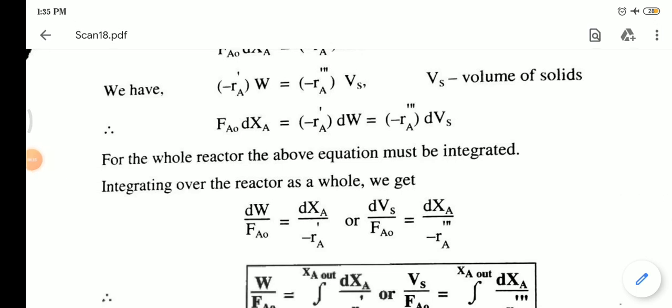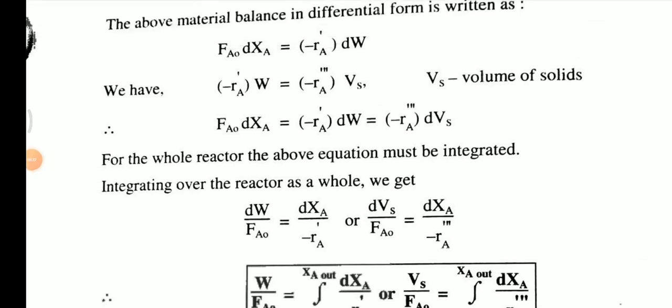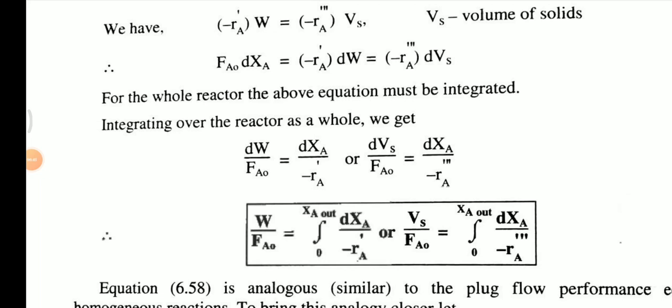So for the whole reactor, the above equation must be integrated. This one is only for a slice of the reactor, and we have to calculate for the entire reactor, so we must integrate this equation over the entire reactor. So we get the integral of dw divided by Fa0 and dxa upon minus Ra dash, or it can be considered as a second form, that is dvs divided by Fa0.